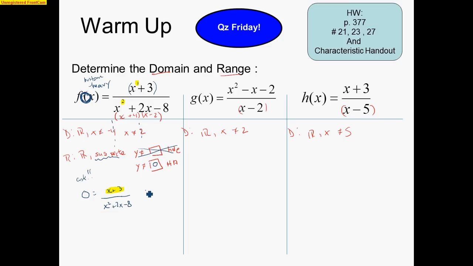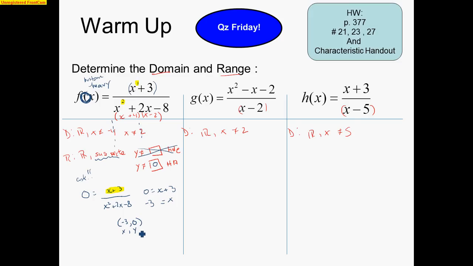So I say, hello numerator, what x will make you equal to 0? And I get -3. What does that mean? That means when x is -3, y is what? 0.